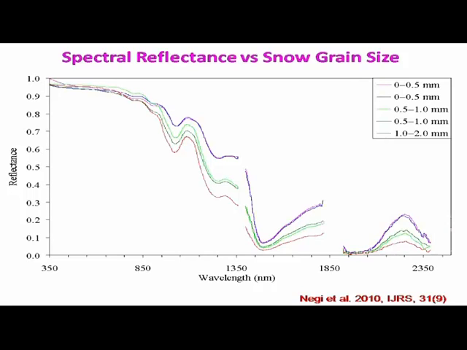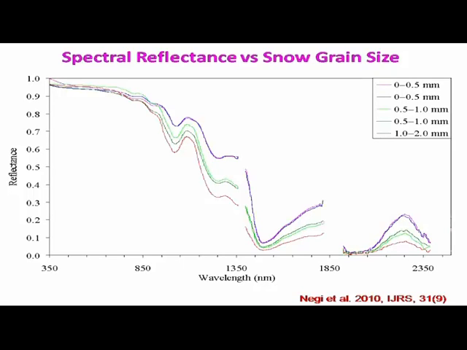From this type of experiment, we estimated the most sensitive band, where there is the maximum variation with grain size, and we found the wavelength region around 1050 nanometer, that is the 1.05 micrometer range. This is the wavelength which is most sensitive for the snow grain size.